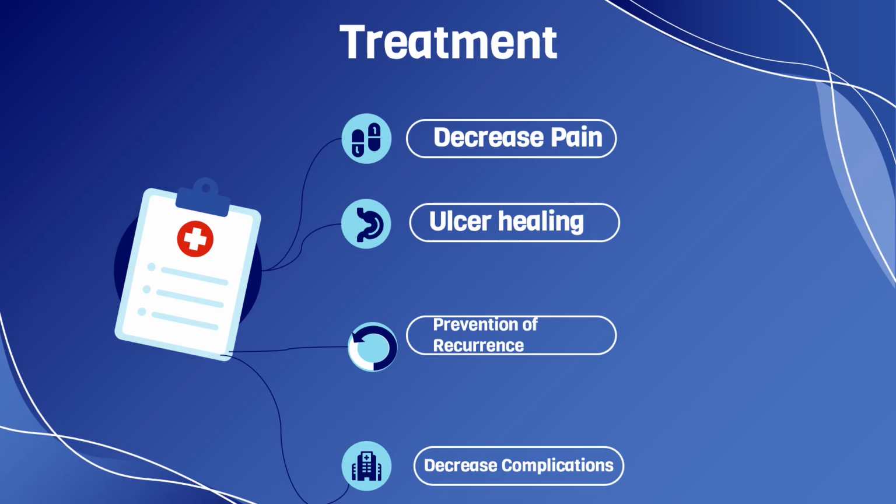So our treatment, of course, we're going to want to decrease pain first. Now remember, we can't use NSAIDs. So in this case, we want to treat what's causing the pain. We want to promote ulcer healing. And of course, we want to prevent the recurrence and decrease our complications. So decreasing our pain might be giving something like a PPI or a histamine 2 receptor antagonist.